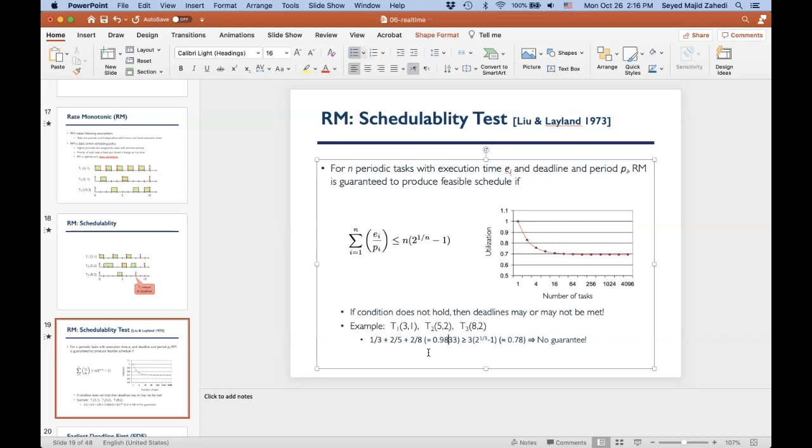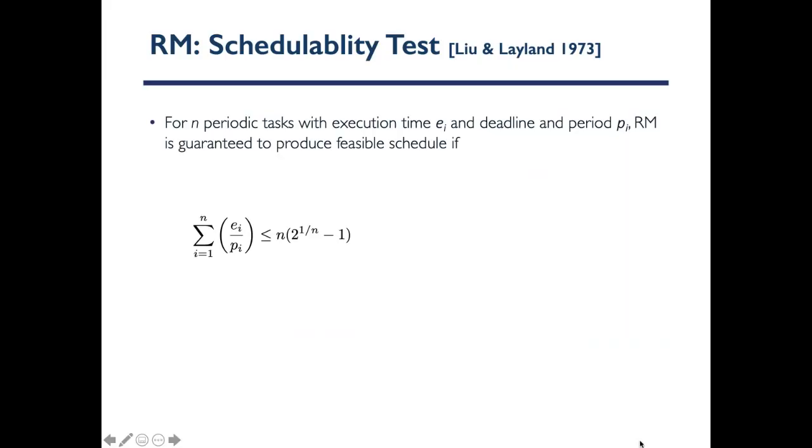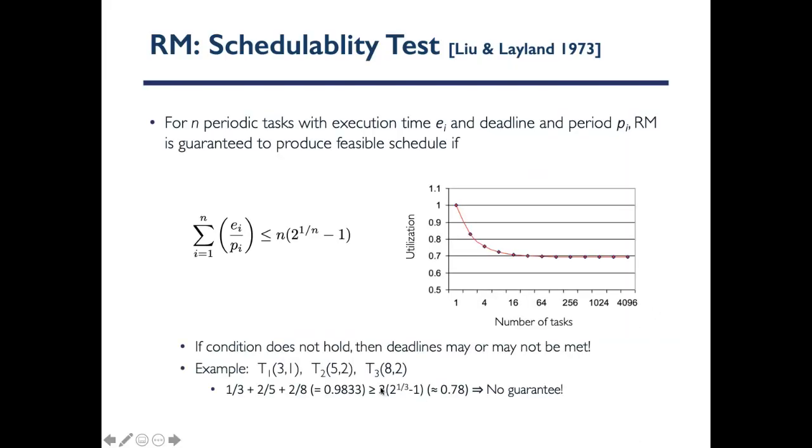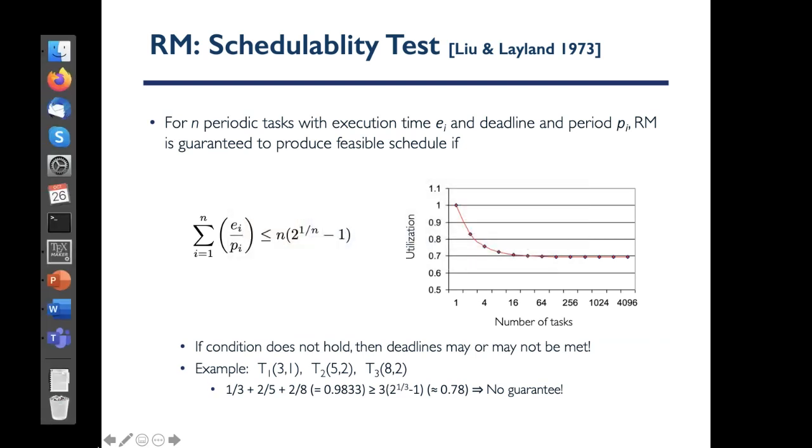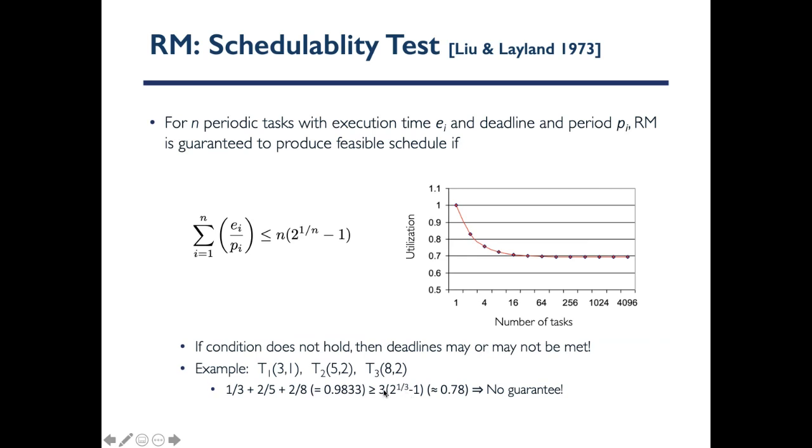Okay. Now for 3 tasks, if n equals 3, then 3 times (2 to the power of 1/3, minus 1) is 0.78. And as you can see, the cumulative utilization is more than this number. As a result, there is no guarantee. And in this particular case, RM actually failed to produce a feasible schedule.